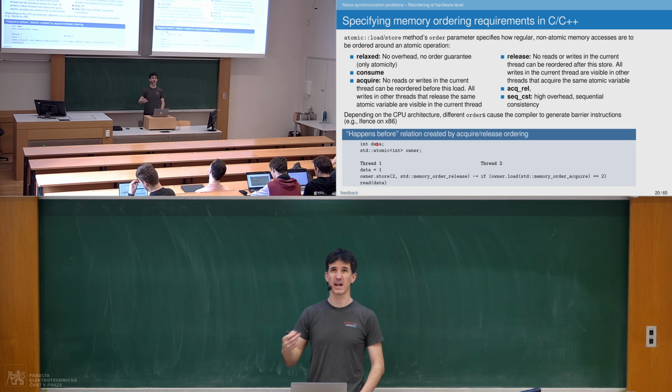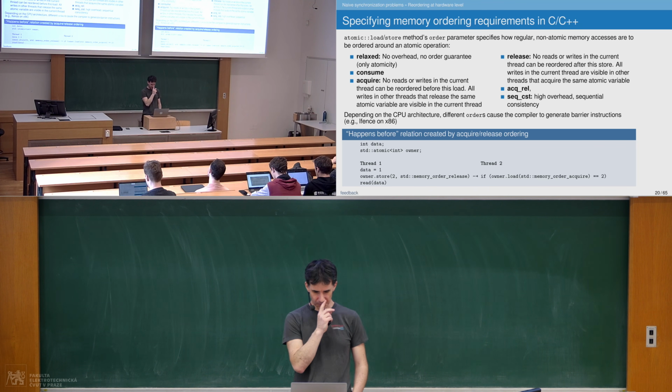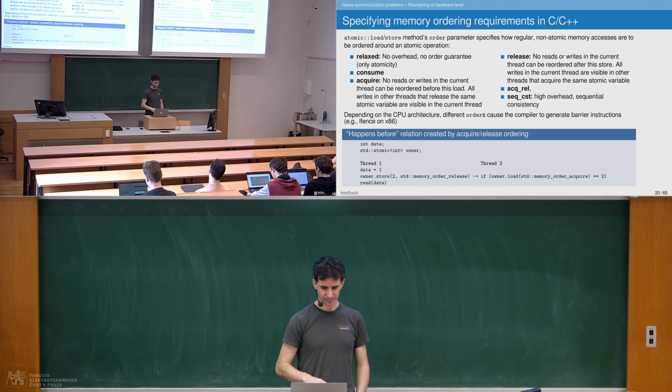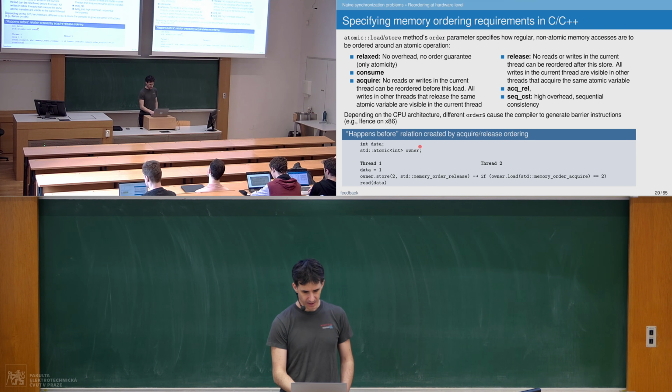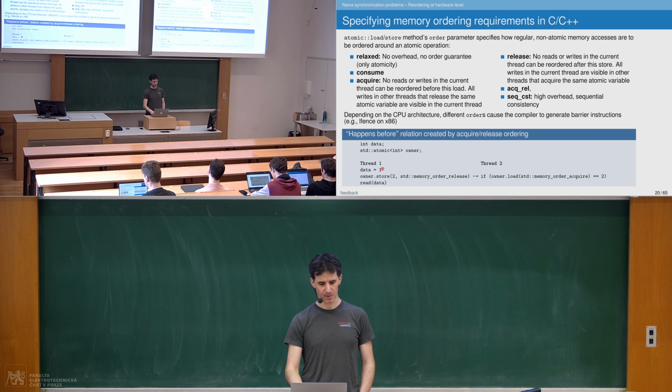So this will be a kind of lock specifying which thread is allowed to access the data. Let's say owner is initially set to 1, so we can access the data, we can modify the data variable.